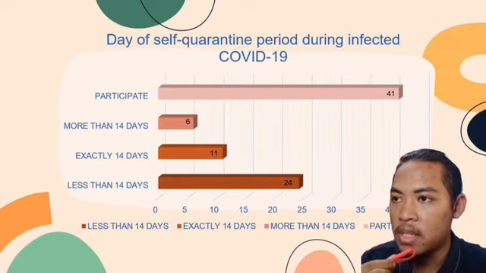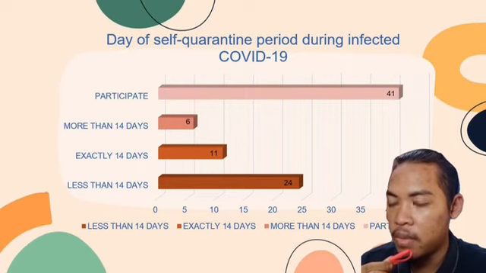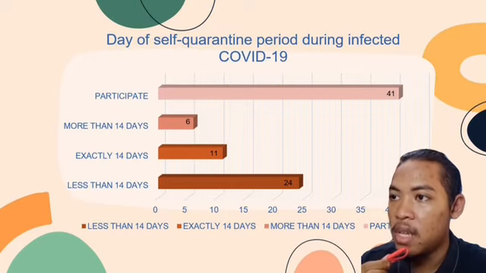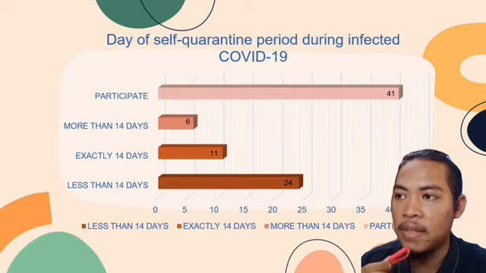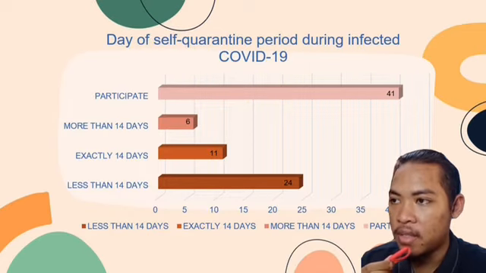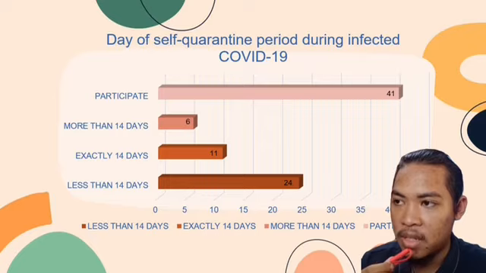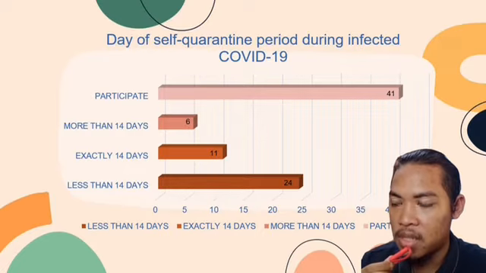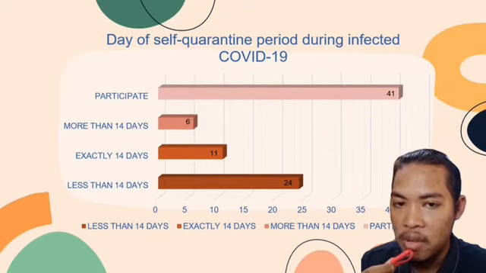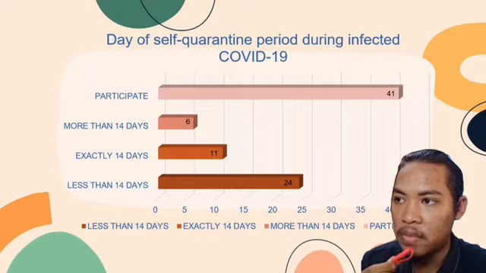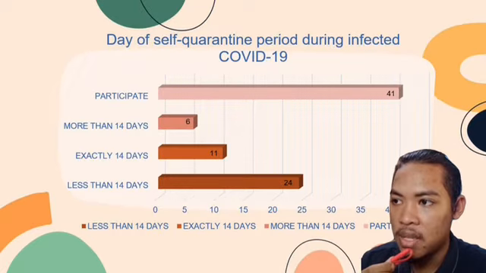Next slide for my graph and question is the days of self-quarantine during COVID-19 infection. There are three options. First, more than 14 days. Second, exactly 40 days.